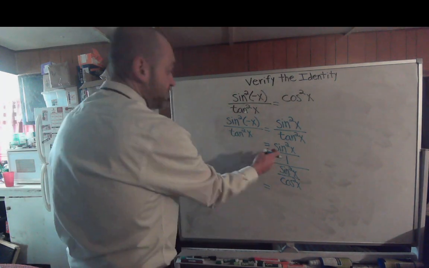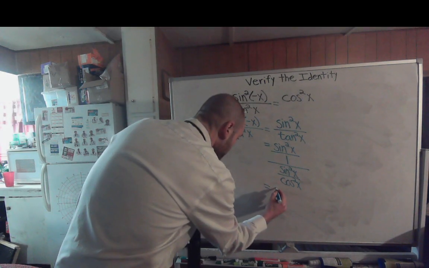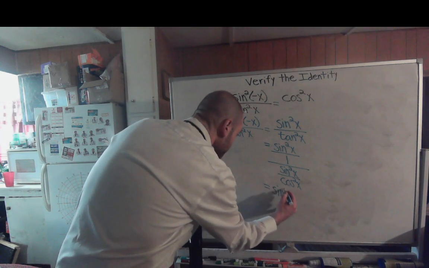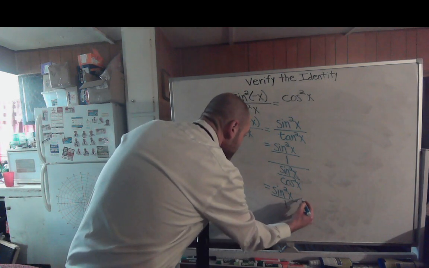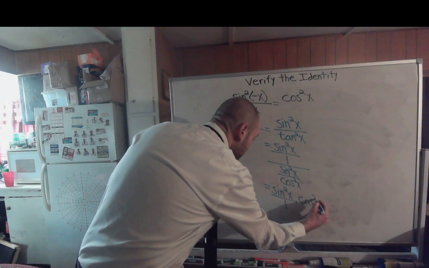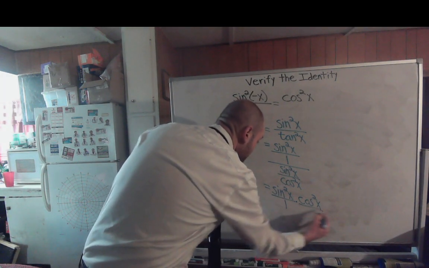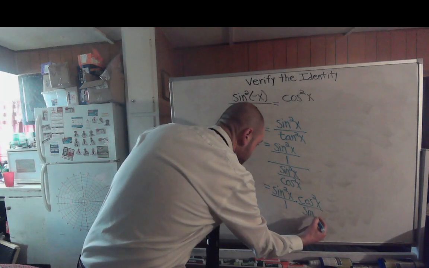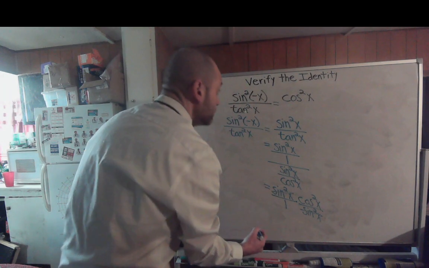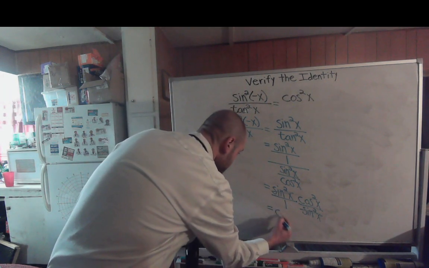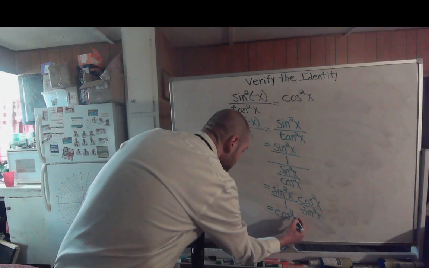Which, when we divide fractions, you're just going to invert and multiply. This would give you sine squared of x all over 1 times the cosine squared of x over the sine squared of x. Well, your sine squareds cancel out. You literally just have the cosine squared of x.